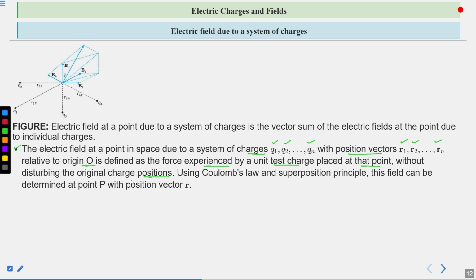So now, using Coulomb's law and the superposition principle, the field can be determined at point P with position vector r. Clear? We already learned Coulomb's law and the superposition principle.